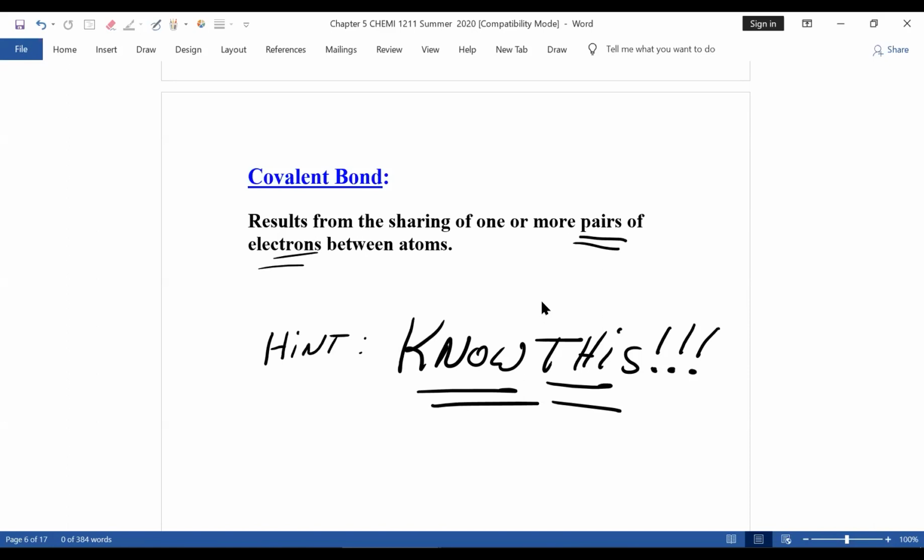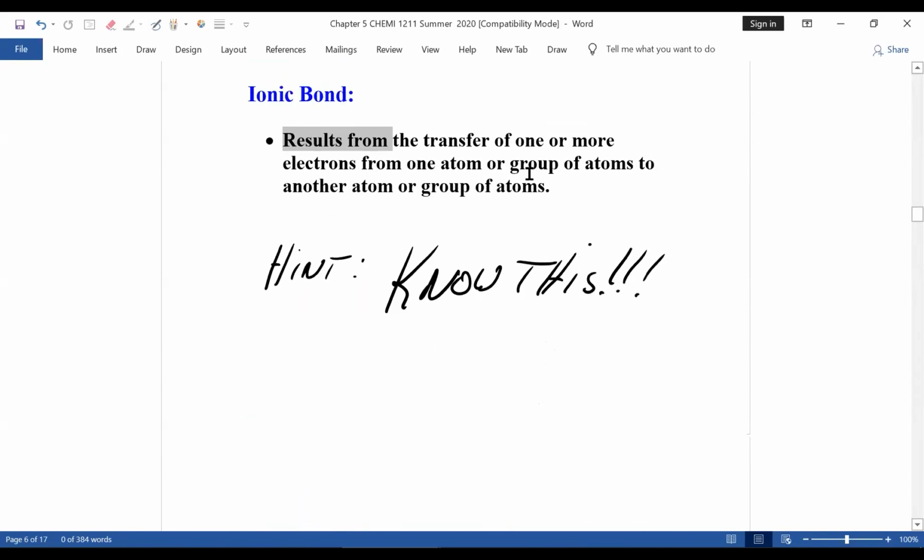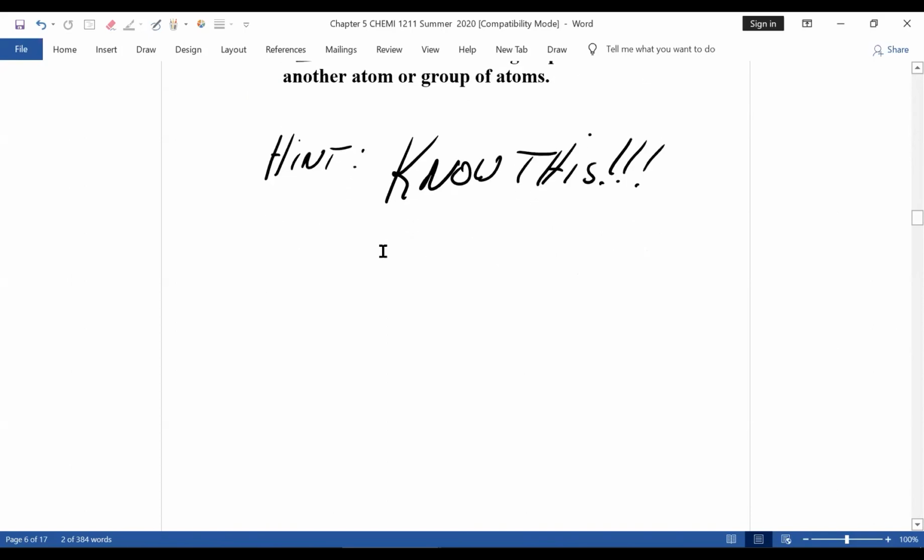So ionic is the transfer of one or more electrons from one atom or group of atoms to another atom or group of atoms. Again, that's the important thing here.